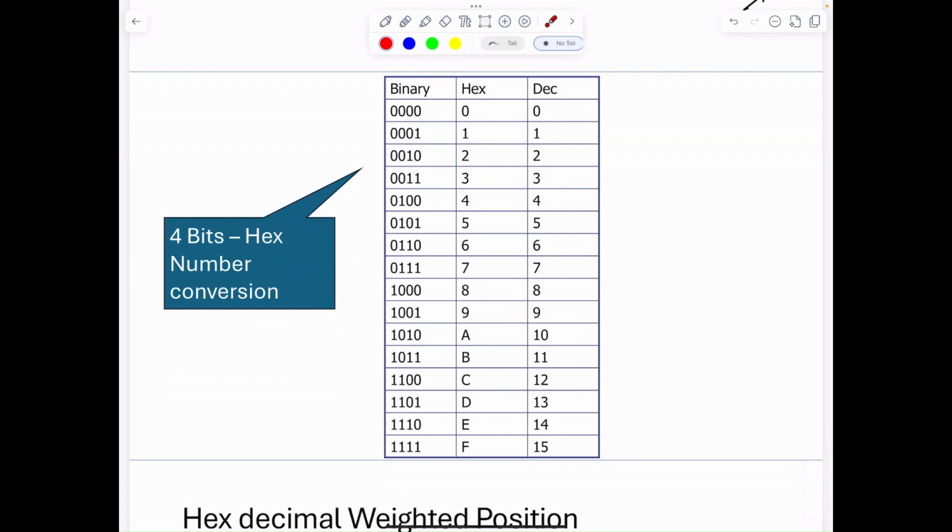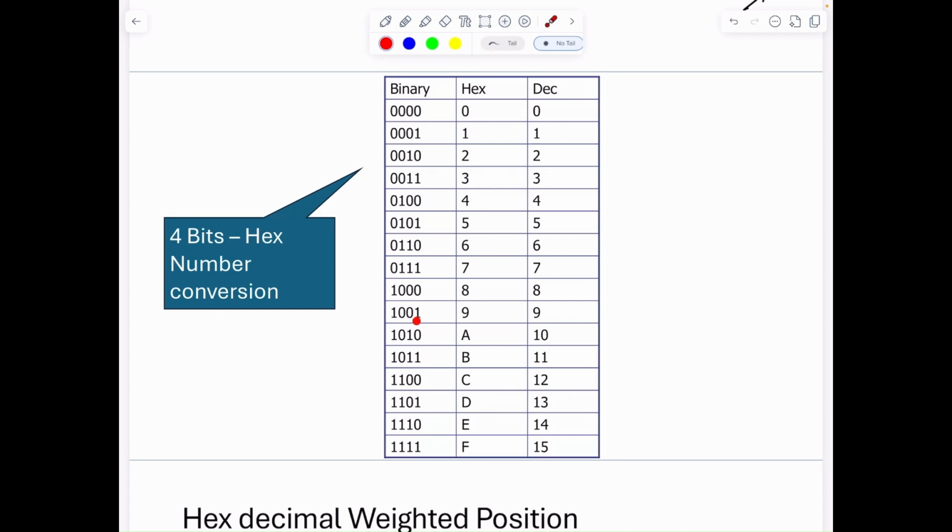So I'm going to go deeper and explain a bit slower, but what I'm trying to say is we group 4 bits and then each 4 bits represents 1 hex digit. So, 4 bits, 2 power 4, 16.